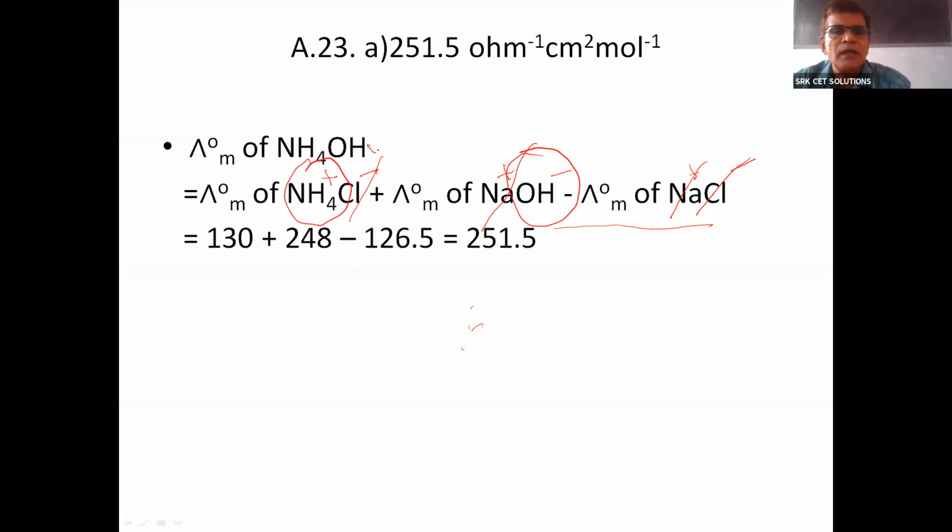That combination will be the electrolyte ammonium hydroxide. And when you apply this formula for Kohlrausch law, whatever the formula is, the same mathematical manipulation must be done for the values also. So that comes to 251.5.